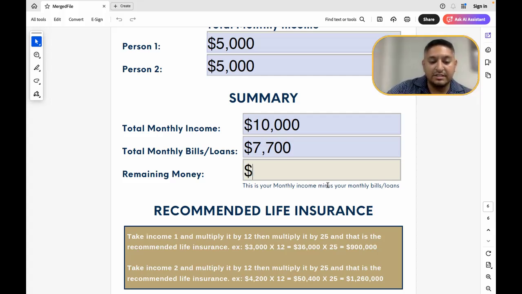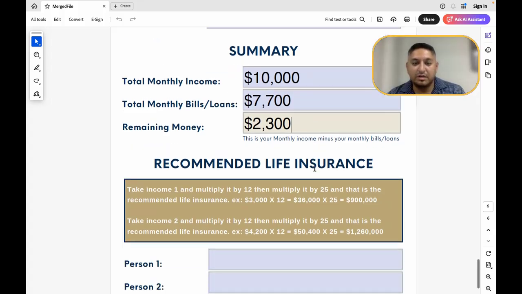And essentially this is your monthly cash flow, anything that is after all your current bills. So you have a take home pay of 10,000, you have total monthly bills of 7,700. So you're looking at your monthly cash flow is $2,300, right?